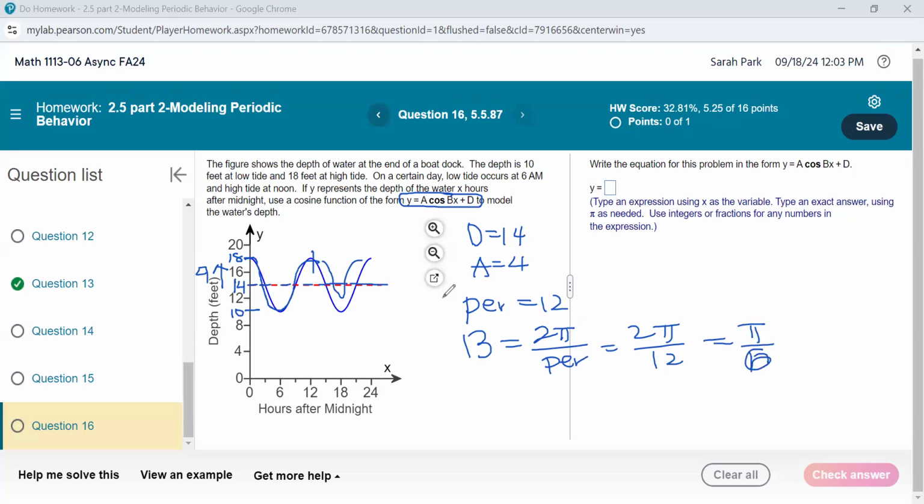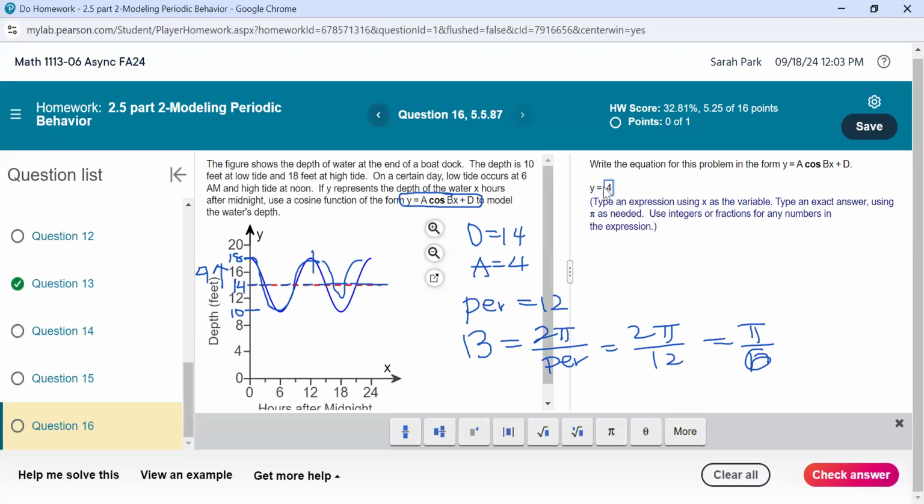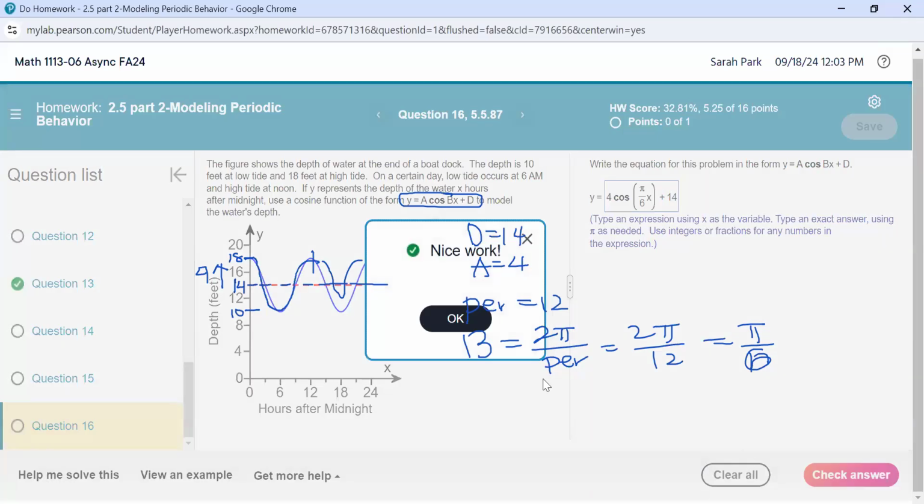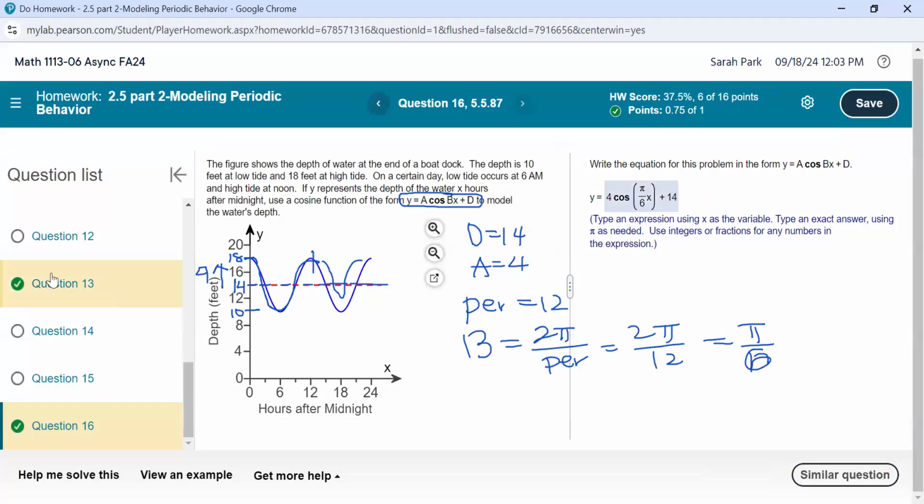And so this would be y equals the amplitude 4 of cosine of pi over 6 x, parentheses, plus the midline 14. And then we'll just check to see. And we got it correct.